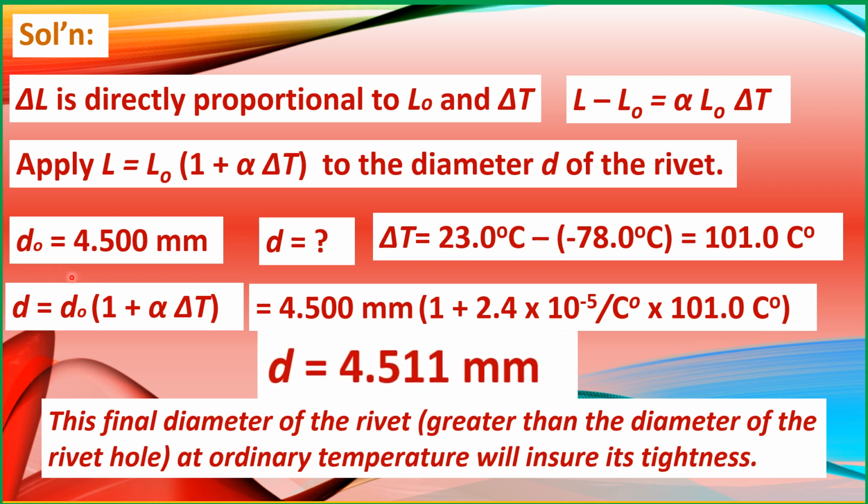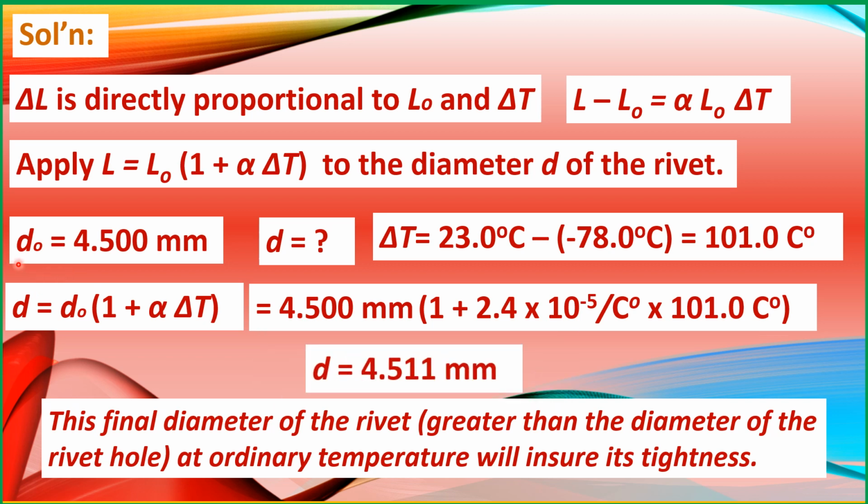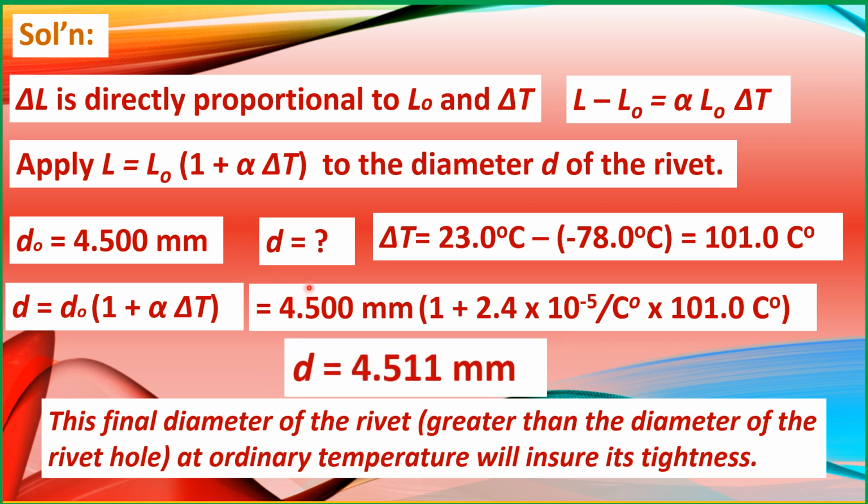You can let the initial diameter be the unknown variable, because the problem actually specifies that the initial diameter of the material is not yet given.